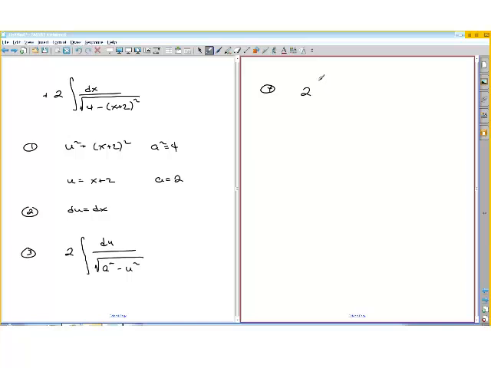So step 4 is to integrate. We just write down what's in the table, which is the arc sine of u over a plus c. Step 5 is to substitute back in u, so we get 2 times the arc sine of u, which is x plus 2, divided by a, which is 2.